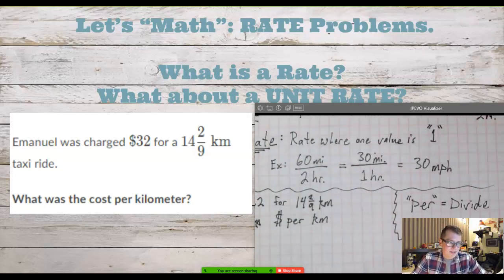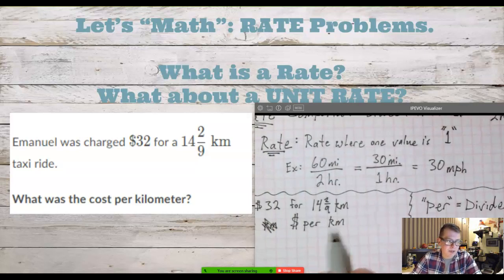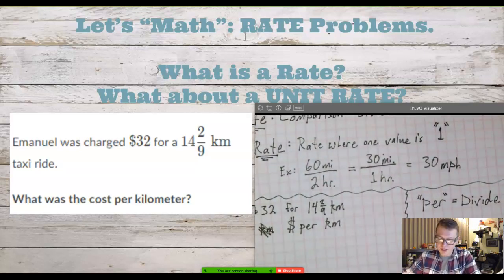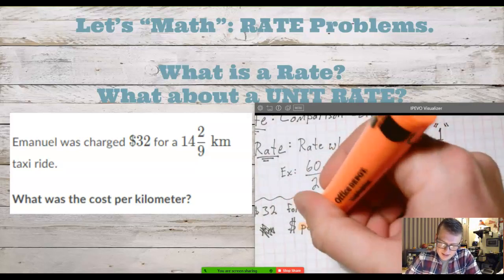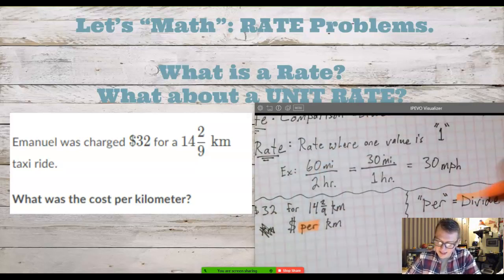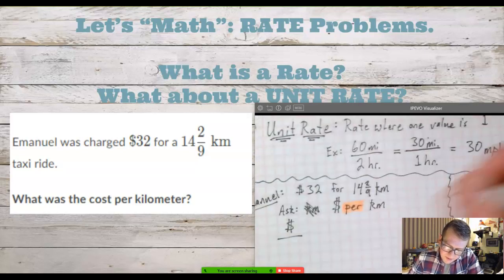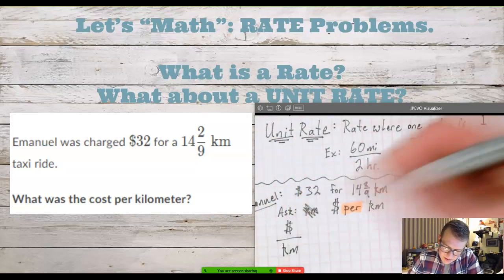Per tells us divide. So when it tells us dollars per kilometer, this per tells us everything we have to do essentially. We need to take the dollar amount and divide by the kilometer amount. So we set up dollars divided by kilometers.